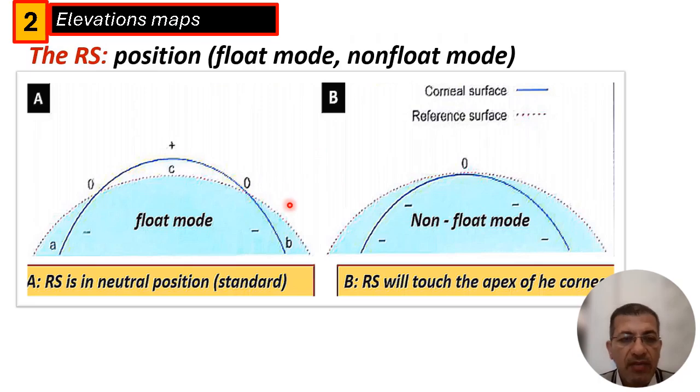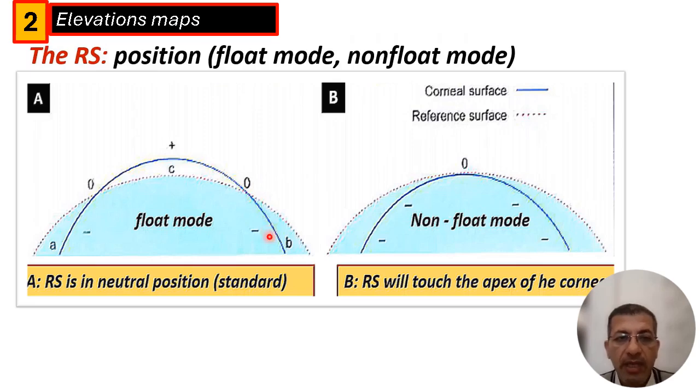The best fit sphere is calculated by the machine itself from the average K reading of the whole cornea. When the cornea is measured, there are different radii of curvature, and the machine averages these K readings and accordingly constructs a reference surface that fits that cornea. It is made from the average of the radii of curvature of all the locations of the cornea.